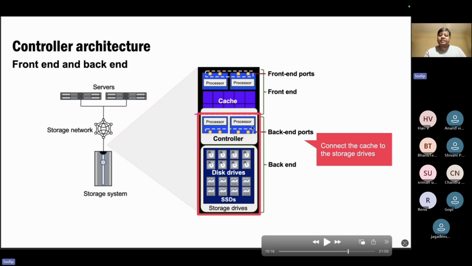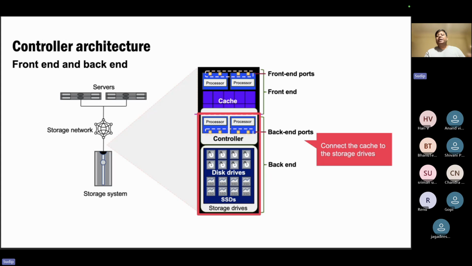The backend has a controller which has specific ports called backend ports. These backend ports are not the same as the front end ports. Their protocol is different, the cable types are different, the connectors are different, and the way you connect them is also different. They are not like your typical network cables.